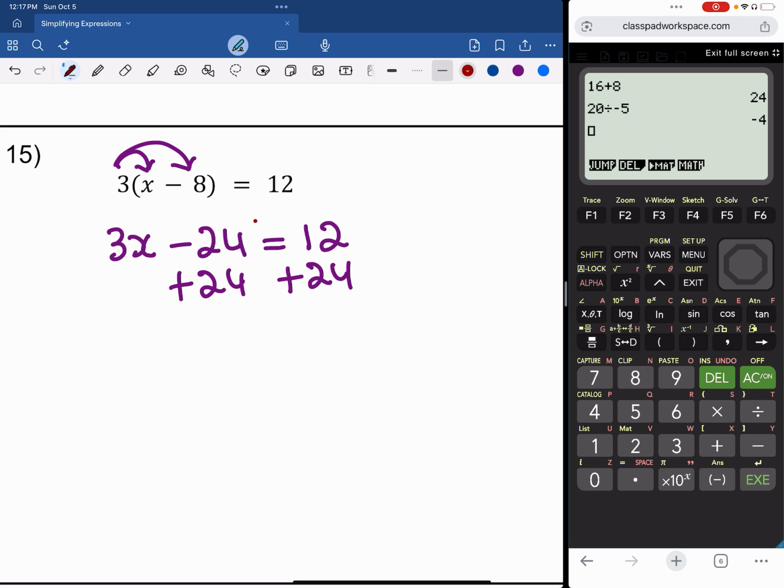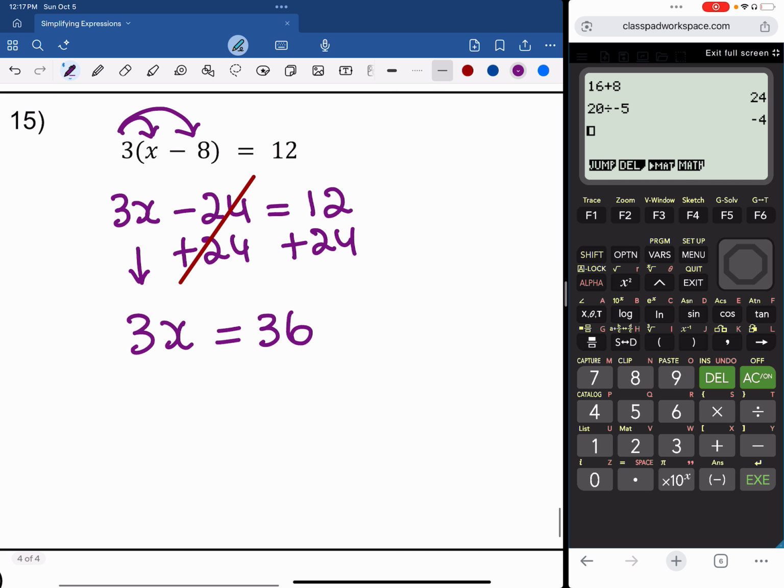Negative 24 plus 24 is going to cancel out, and we're going to be left with 3x is equal to 12 plus 24, which is just 36. My last step here is to divide both sides by 3.